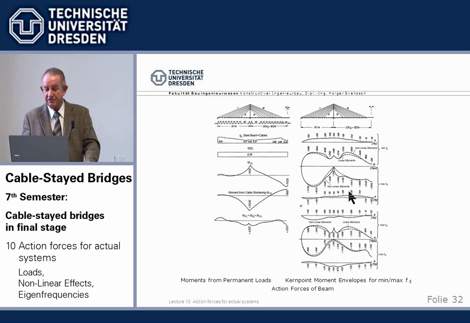And if we now superimpose the life load envelopes with the permanent loads, then we come to something very roughly reminding you of the run of moments I've shown you. We get here these typical run of moments for a cable stayed bridge.